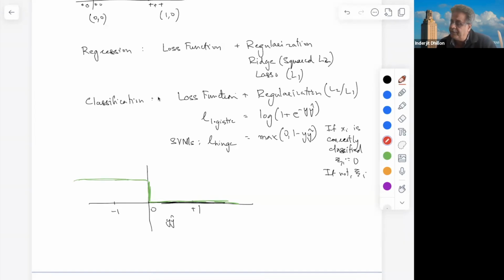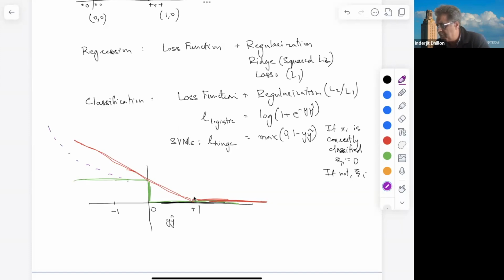Hinge loss is 0 over here, and then linearly, so it's like a hinge function. It hinges over here. And logistic loss is something that is an exponential and goes like this, or log of this exponential. So this is logistic loss, and this is hinge loss.